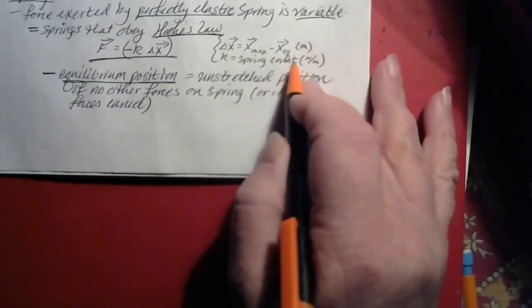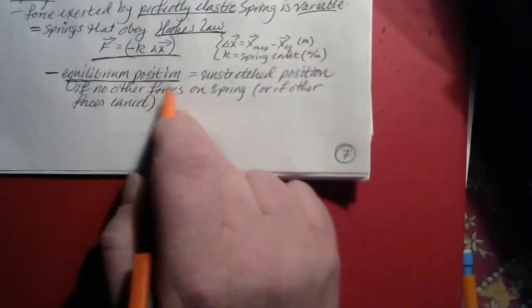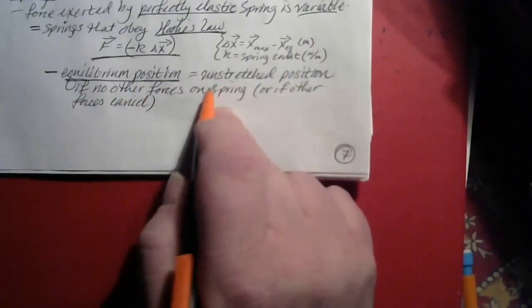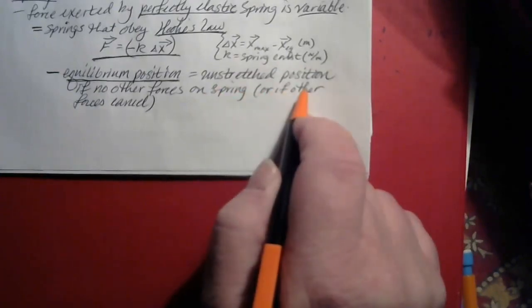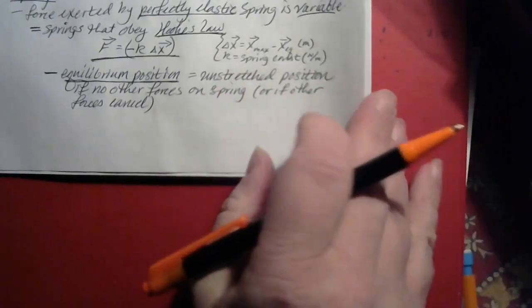That's what X_eq means. Equilibrium position is just the position where the spring is when there are no other forces being applied to it. So basically it's the position of the spring at rest.